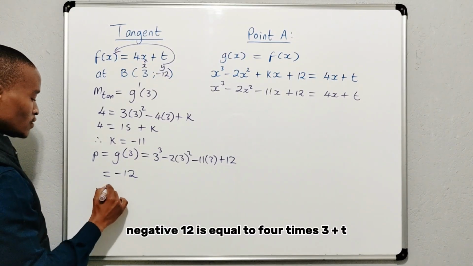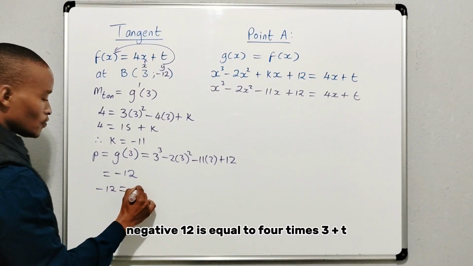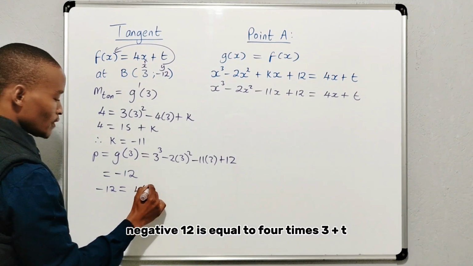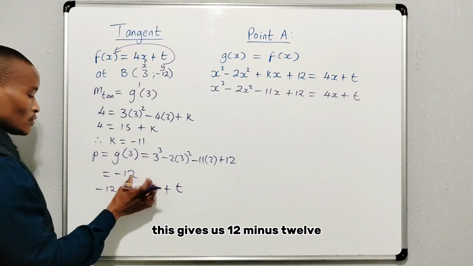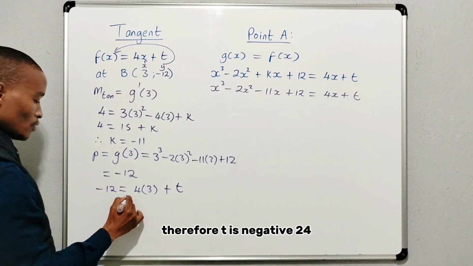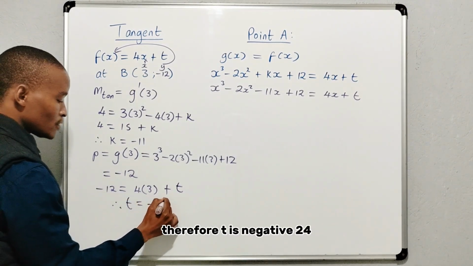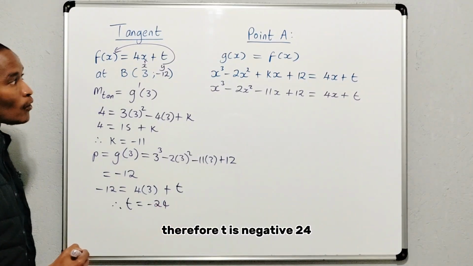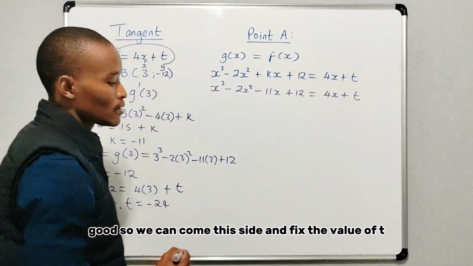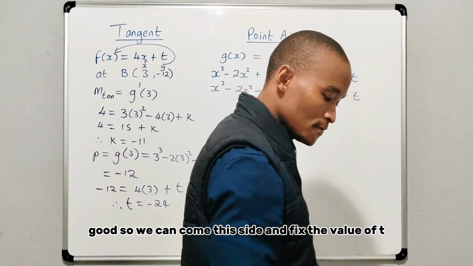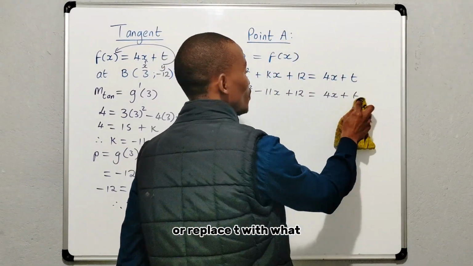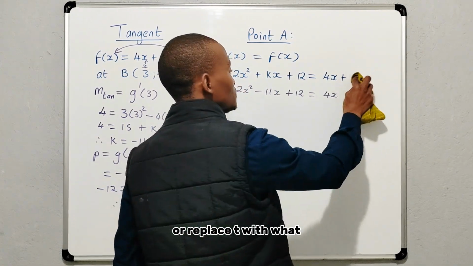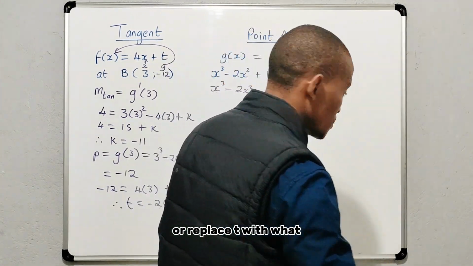So -12 is equal to 4 times 3 plus t. This gives us 12, minus 12, therefore t is -24. Good. So we can come this side and fix the value of t, or replace t with what?